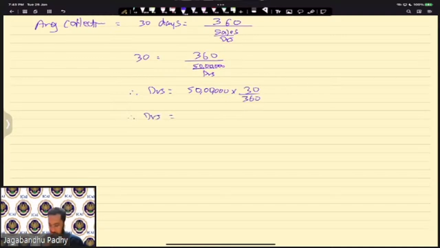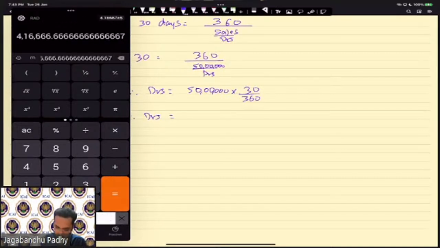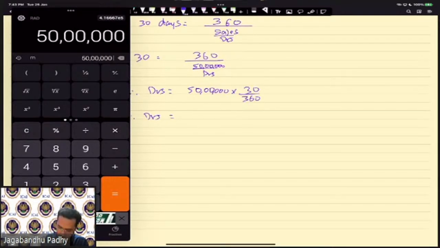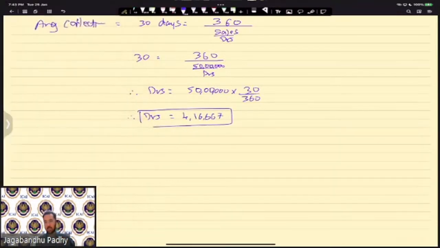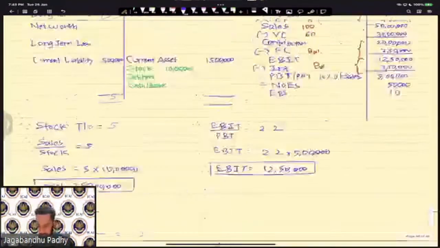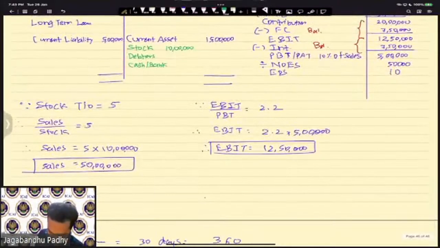Therefore, we get the debtors value to be 50 lakh into 30 divided by 360, which is a bit of an imperfect number, 4,16,667, which is fine.